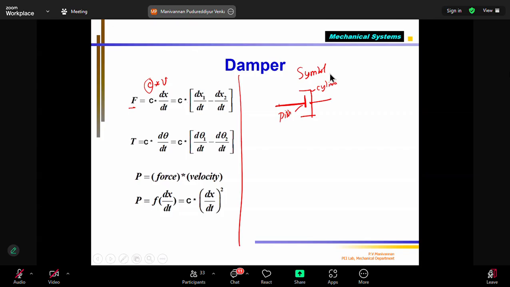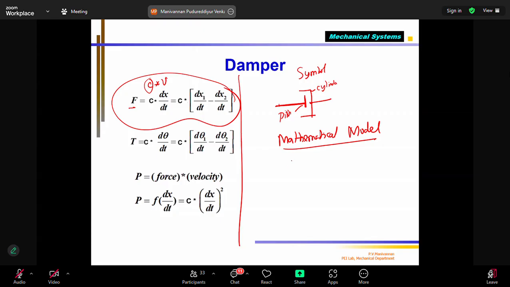Okay. Now, if I wanted to write the mathematical model or transfer function of the damper from this equation, we call it a transfer function model. G of S equals X of S divided by F of S, where F of S is the input to the damper and the piston position is X of S. Please note the cylinder is fixed.